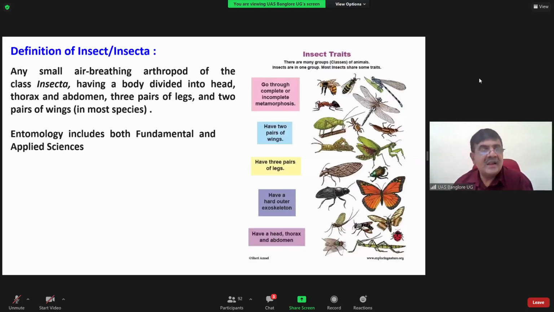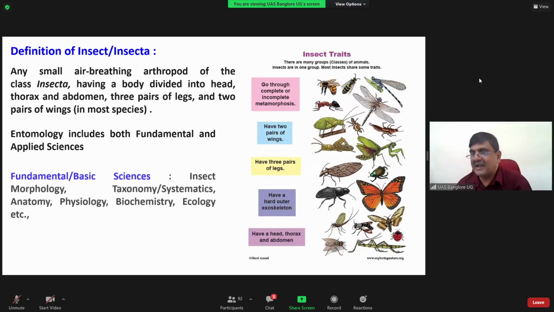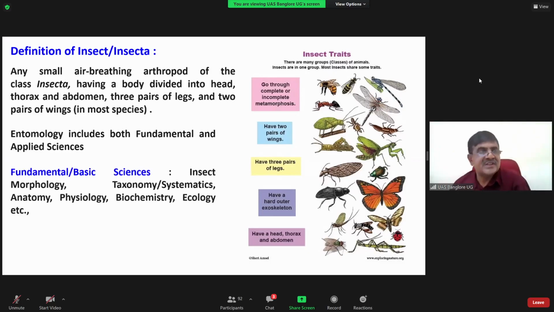So if you take entomology, it includes both fundamental and applied sciences. Under fundamental or basic sciences, we will be studying insect morphology, insect taxonomy, insect anatomy, insect physiology, insect biochemistry and insect ecology.